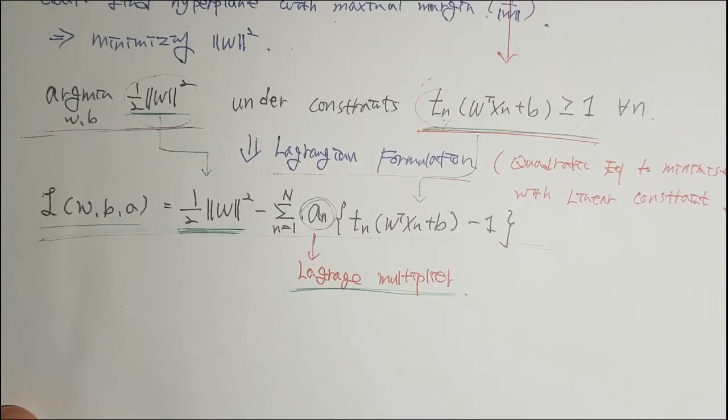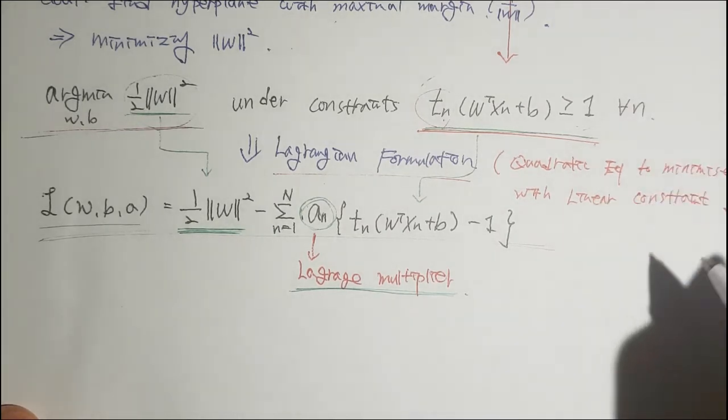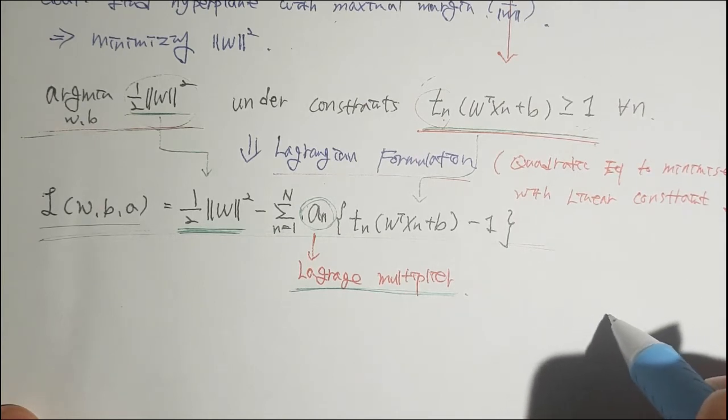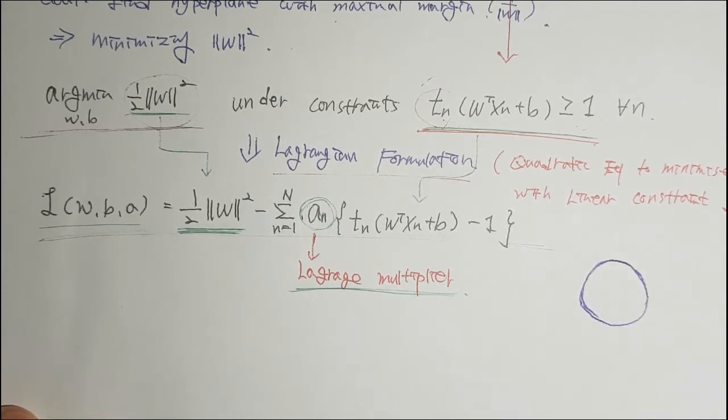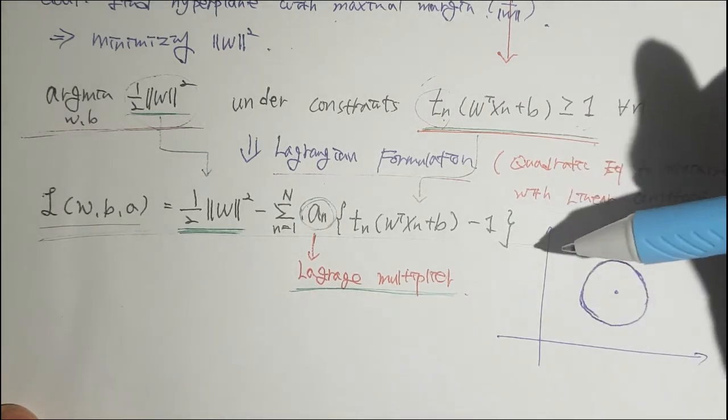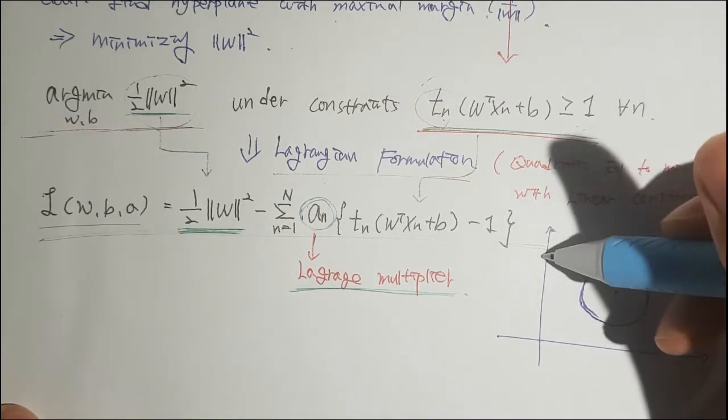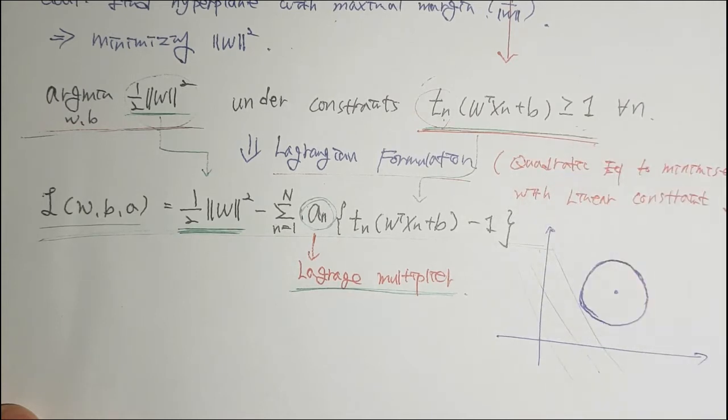So let me make a simple example to use the Lagrange multiplier. If there is some circle in the plane, or in the space anywhere, but I will just assume this circle is on the plane, and if there is some line, we can draw any lines like this or this or this or whatever.